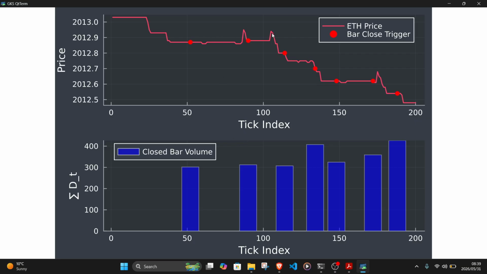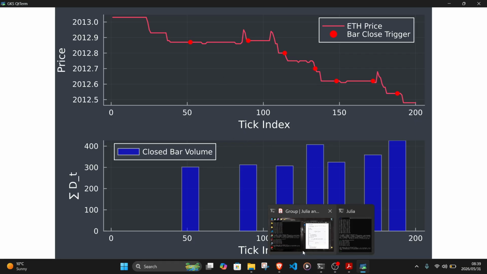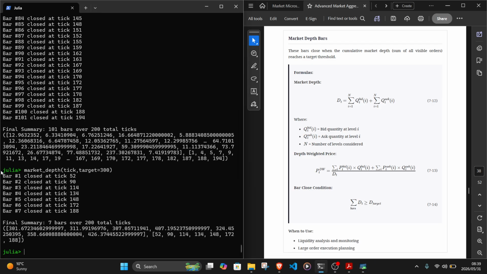But you don't really have to guess because the code already tells you. First bar was at 52, second bar was at 90, third bar was at 114, fourth bar was at 134. These are indexes, by the way. Fifth bar was at 148, sixth bar was at 172, and the seventh bar was at 188, right?